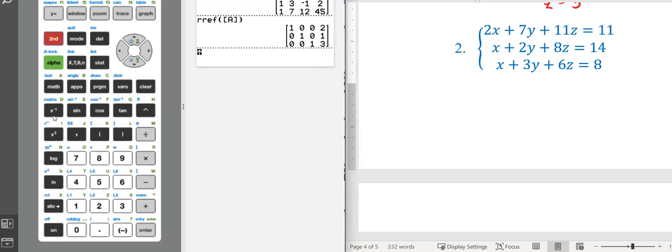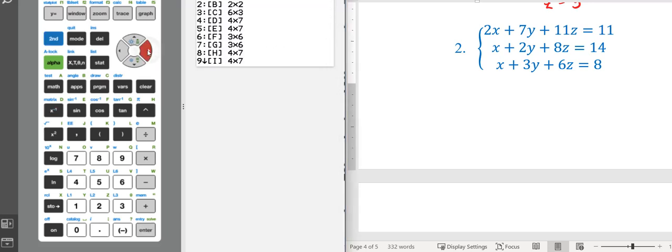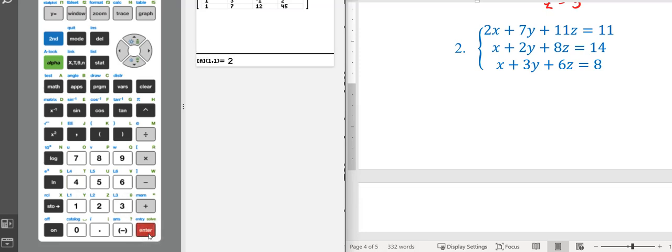Okay, second matrix. Edit. Enter. It's a 3 by 4. 2, 7, 11, 11, 1, 2, 8, 14, 1, 3, 6, 8. I'm going to make sure that's all correct.